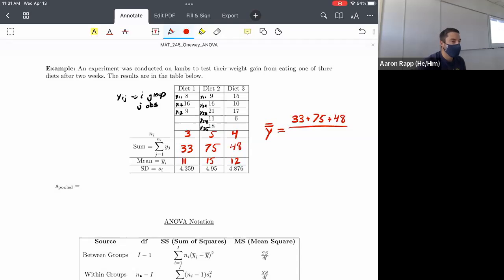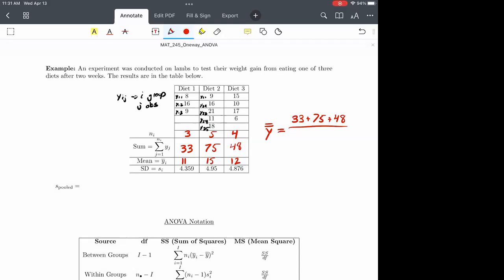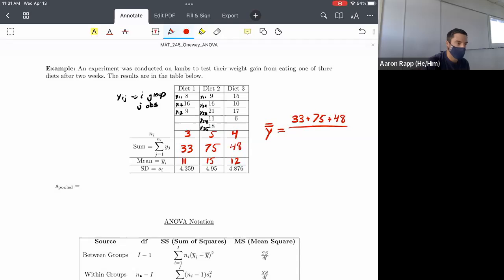But then I need to divide it by the total number of observations that I have, regardless of diets. So how many lambs did we experiment on? It'd be 12. 3 plus 5 plus 4 is going to give me 12.